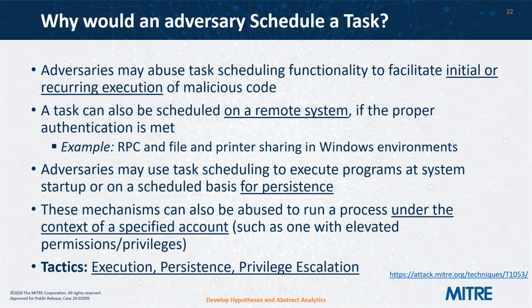Essentially, there are 3 answers: remote execution, persistence, and privilege escalation. These whys start to give us insight that will prove helpful as we refine our hypothesis and try to distinguish malicious from benign usage. And we'll see that benefit later in this course.